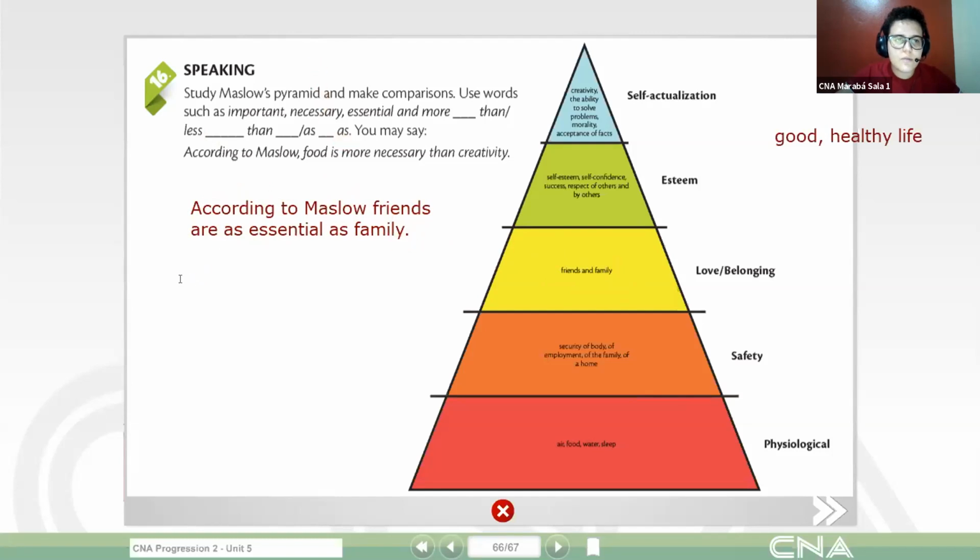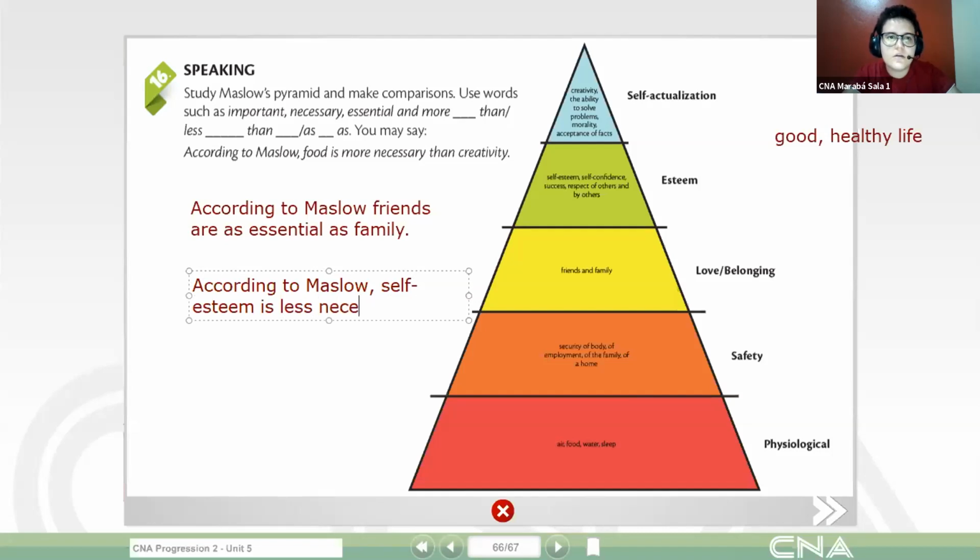And to make a comparison of less: according to Maslow, let me see here, self-esteem is less necessary. No, let me use less important.